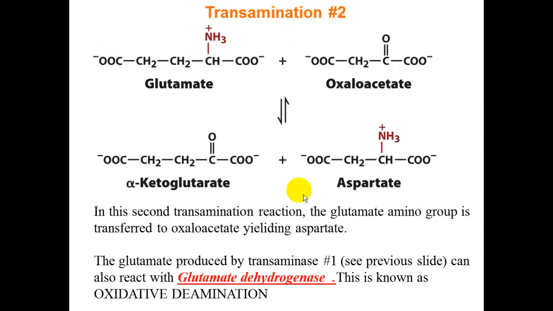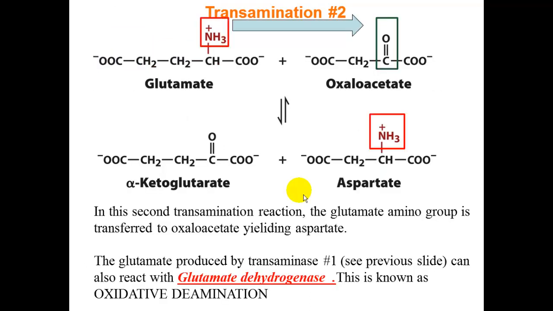So in the next slide, you see the transamination of glutamate from transamination 1. This time it donates its amino group to oxaloacetate. In turn, that glutamate becomes alpha ketoglutarate, so we regenerated the alpha ketoglutarate so that transamination number 1 can happen. So this can be essentially a circuit, a metabolic circuit.